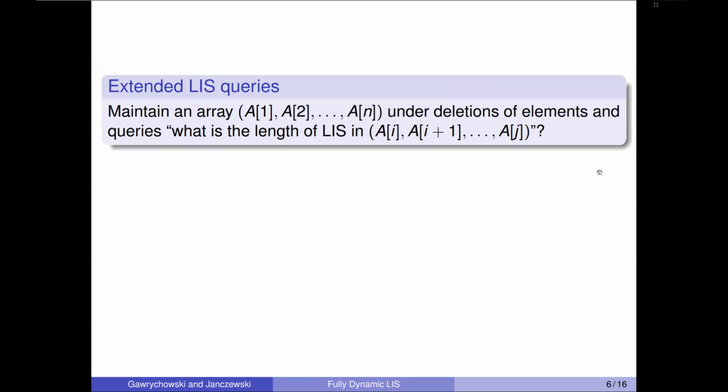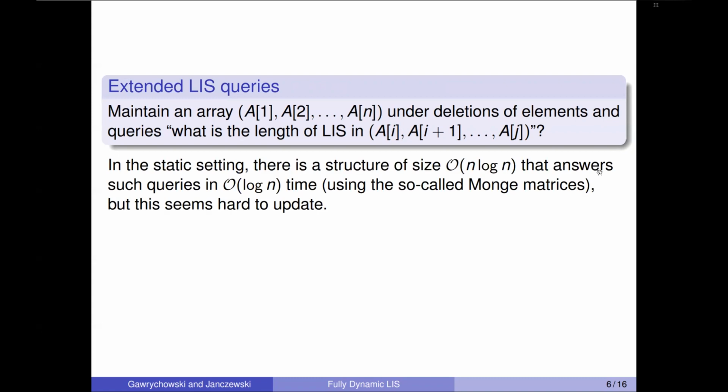So we can be given two indices, i and j, and we need to quickly answer what is the length of LIS in the subarray starting at element i and ending at element j.